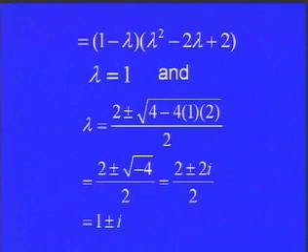So 2 plus and minus 2i over 2 becomes 1 plus and minus i. And that's because I distribute the 2 that's underneath in the denominator to both of the entries. All right, so I have 3 eigenvalues in this case. I have 1, and then I have 1 plus i and 1 minus i. Those are my 3 values.